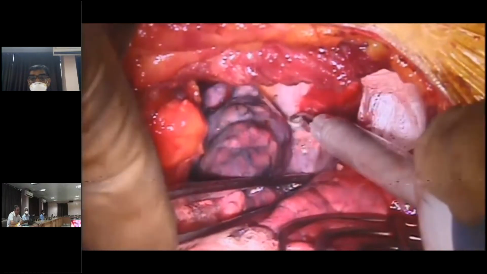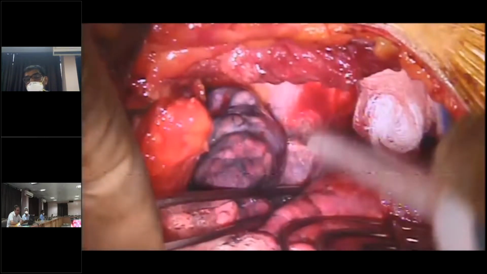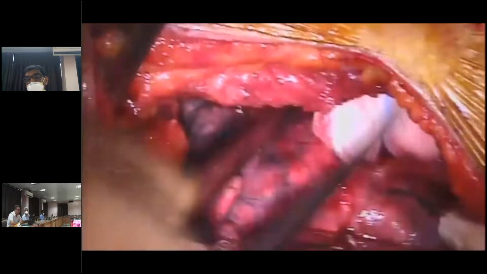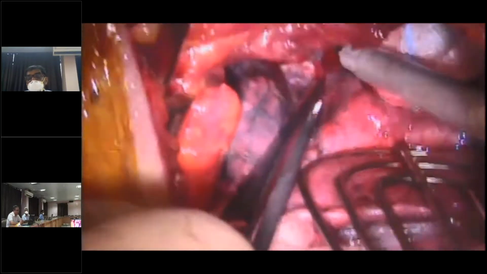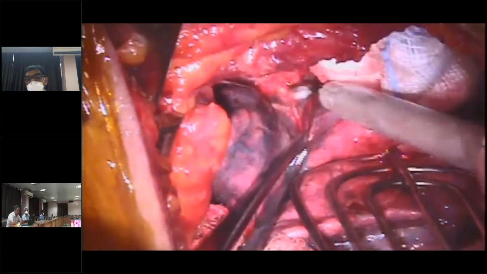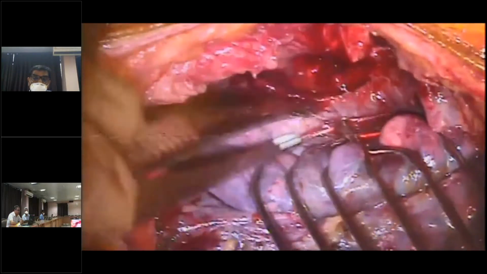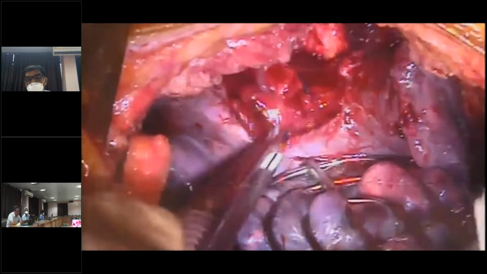But we started dissecting, and as we were told by radiologists, this mass, which is about a centimeter, is present on the artery bifurcation, about 1 to 1.25 centimeter deeper in the lung tissue. So we started removing whatever mass in whichever bifurcation we found, because we were not confident, and there is not enough experience with me of operating these cases.